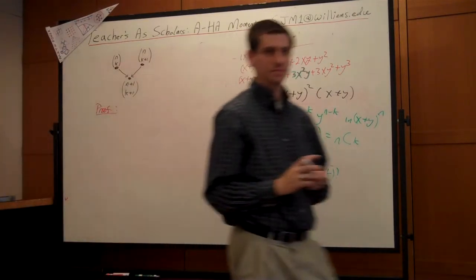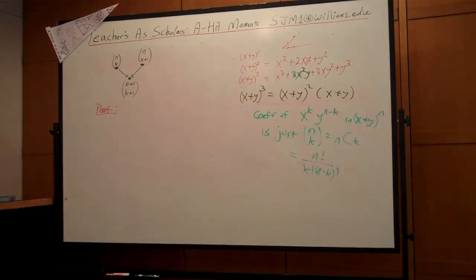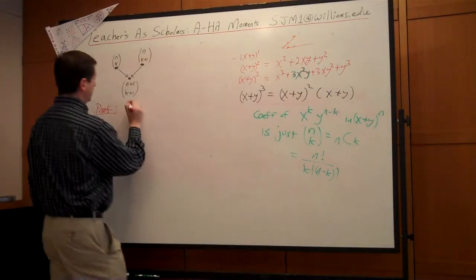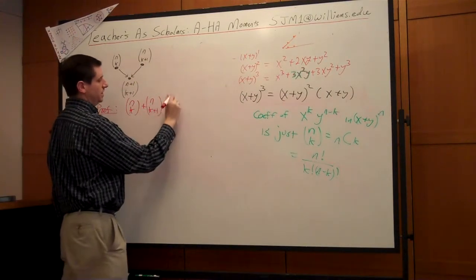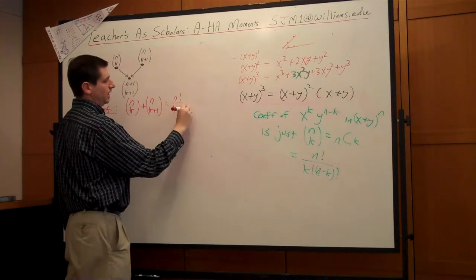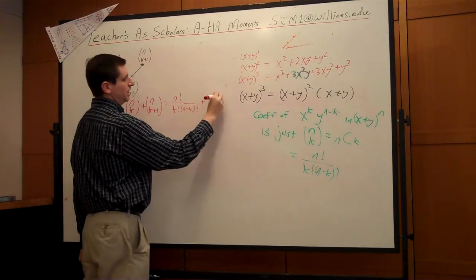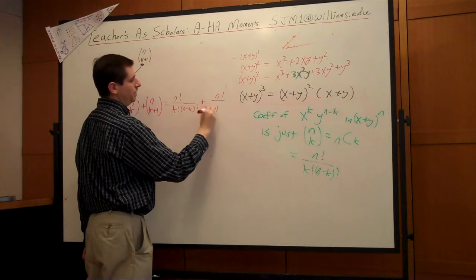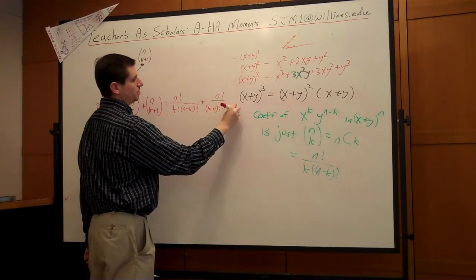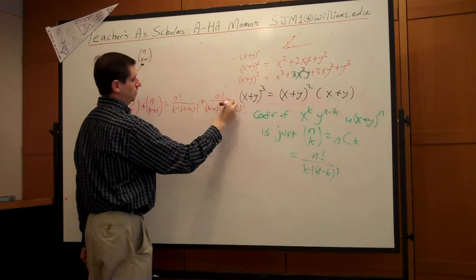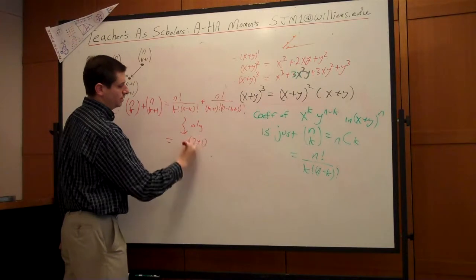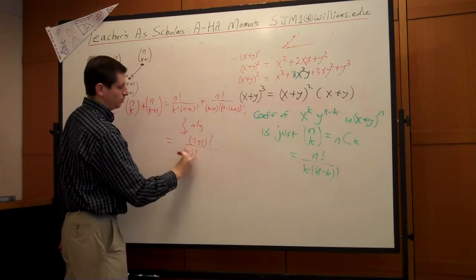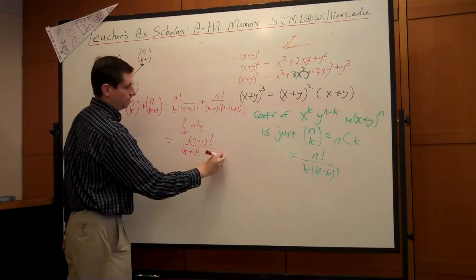Yes. Use that formula. And so we could just go through and do the algebra. n choose k plus n choose k plus 1 is n factorial over k factorial times n minus k factorial, plus n factorial over k plus 1 factorial times n minus k plus 1 factorial, lots of algebra, and then it's n plus 1 factorial over k plus 1 factorial times n minus k plus 1 factorial.